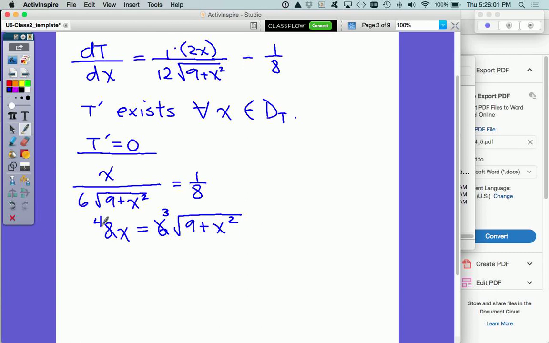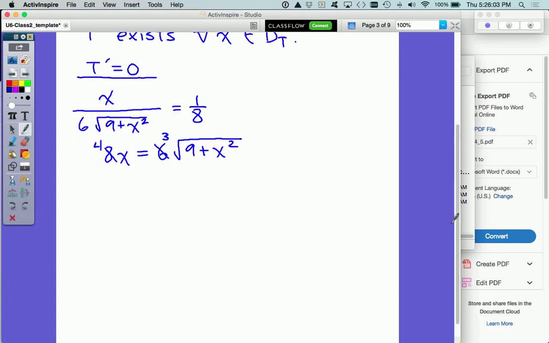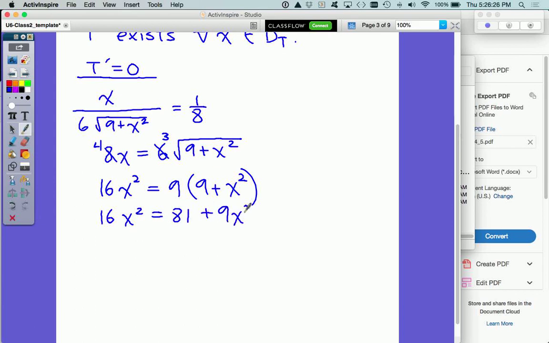And now to deal with the square roots, I'm going to square both sides of this equation. So I get 4x quantity squared is 16x squared. And when I square the right side, the 3 becomes a 9. And the 9 plus x squared loses its square root. And now this is going to be easy to solve. 16x squared equals 81 plus 9x squared.